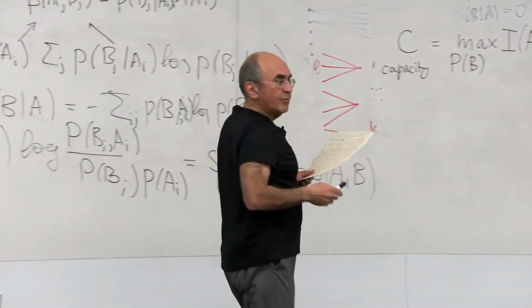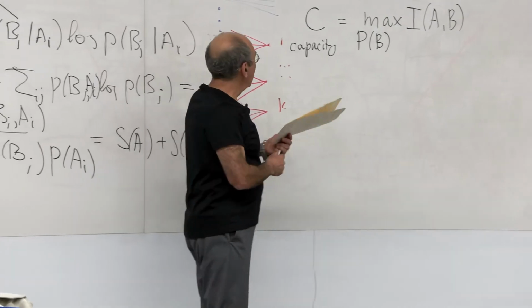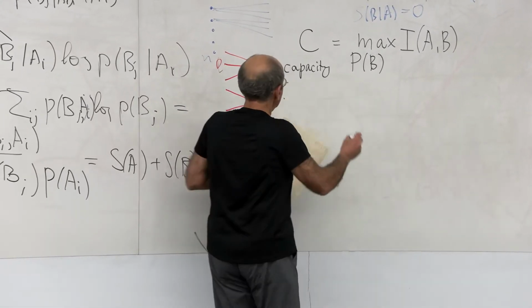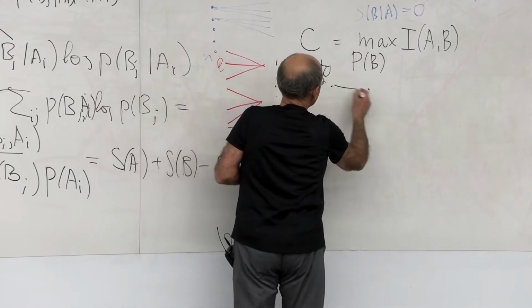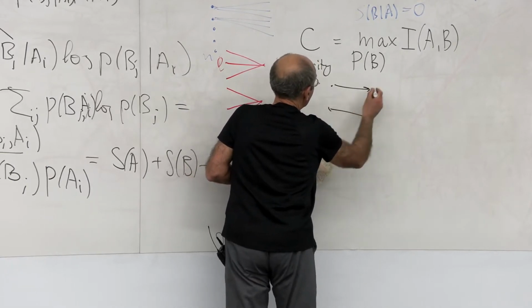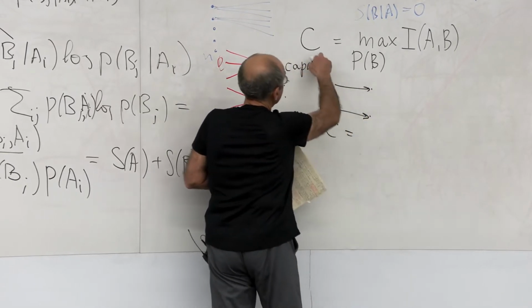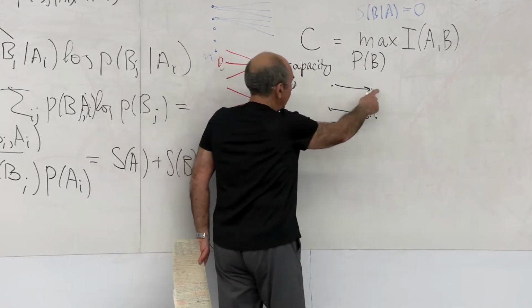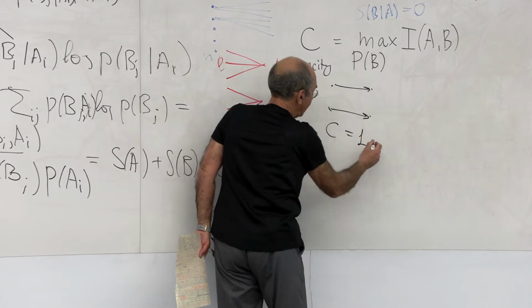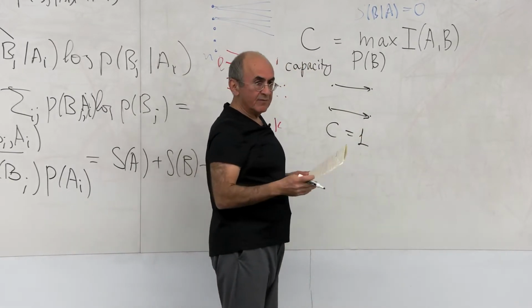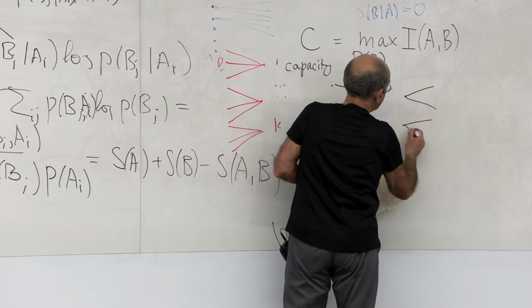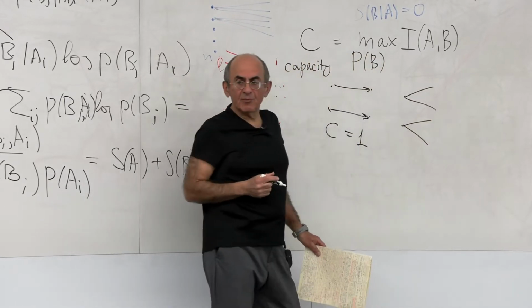And his argument was that, let's present again. If I have a channel like this, what would be its capacity? I have here entropy 1 bit, here entropy 1 bit, and the capacity is 1 bit. Everything is in bits. Now, if I have a channel like this, what is the capacity?